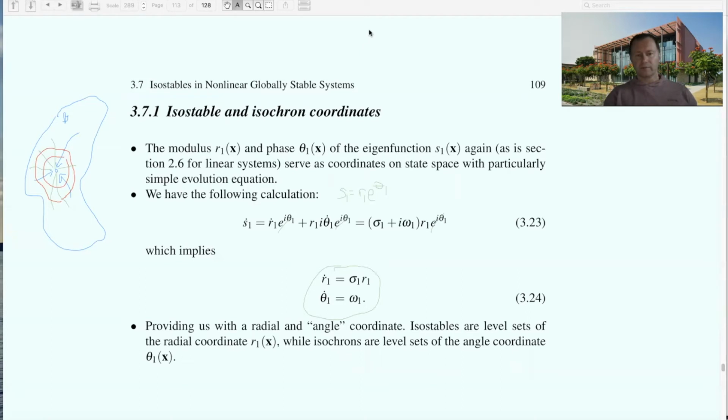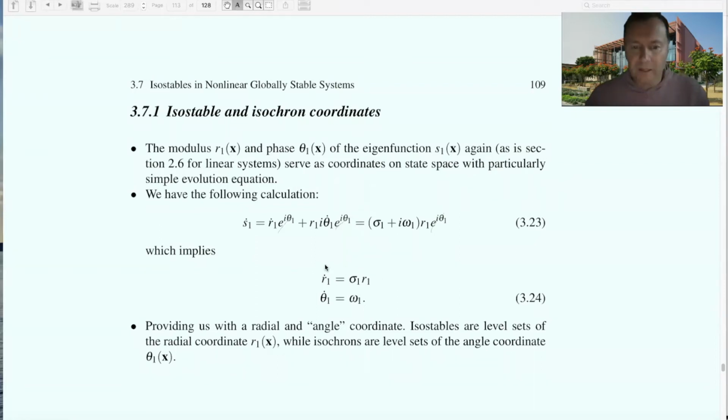And so this gets us to a very simple set of equations for the evolution that we can call equation in radial coordinate and the angle coordinate. And so now theta 1, which is the argument of e to the I theta 1, that's in the definition of S1.